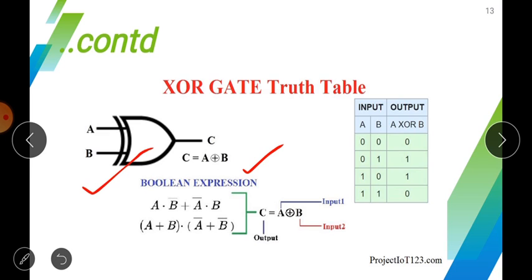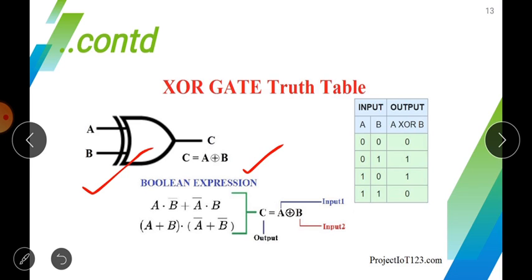You have to remember only one thing: if both inputs are true, then the output is false. If both inputs are false, then the output is also false. Means in both of those conditions, the output is false. But if only one of two inputs is true, then the output is true.